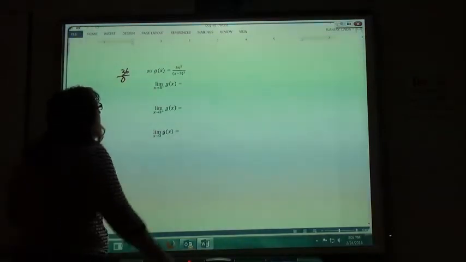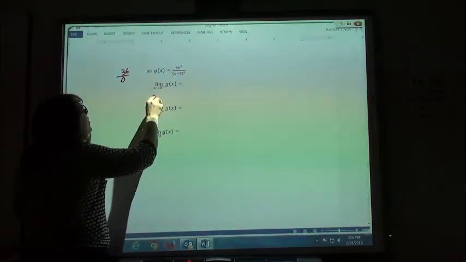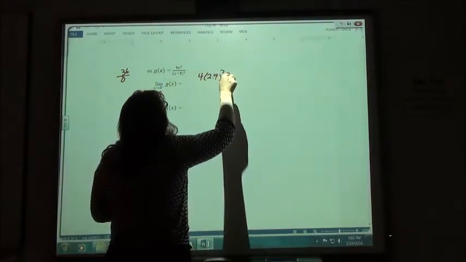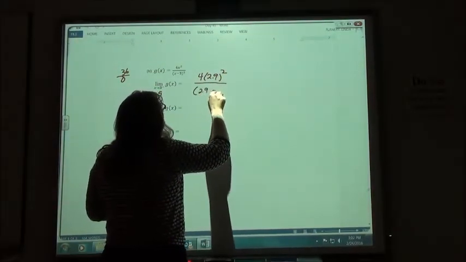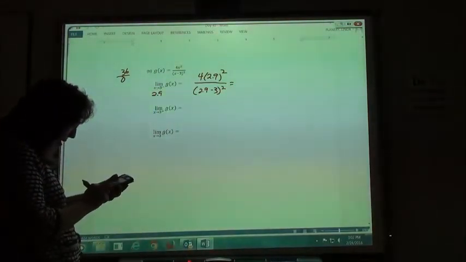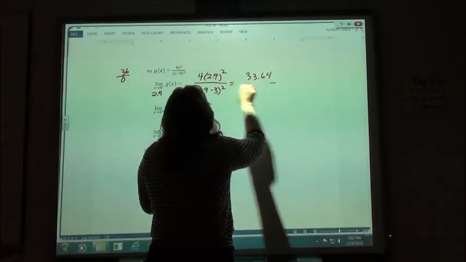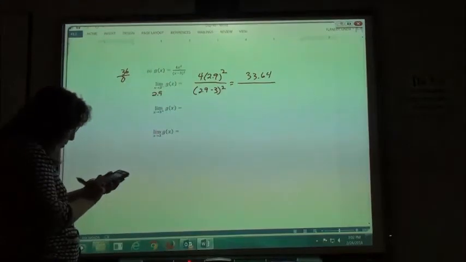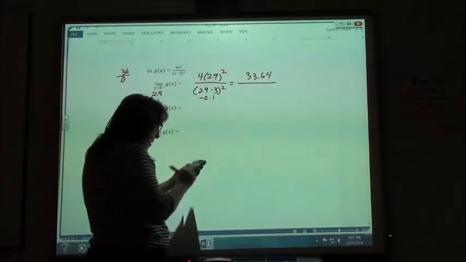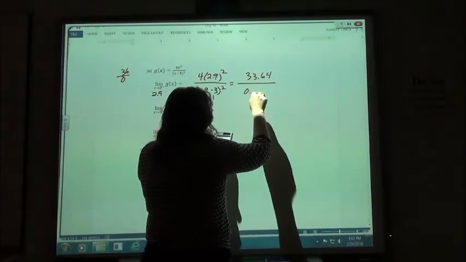or negative infinity. So as I approach 3 from the negative direction, a little smaller than 3 would be 2.9. So I'm going to do 4 times 2.9 squared over 2.9 minus 3 squared. 4 times 2.9 squared is 33.64. 2.9 minus 3 is negative 0.1, but when I square that, I get positive 0.01.